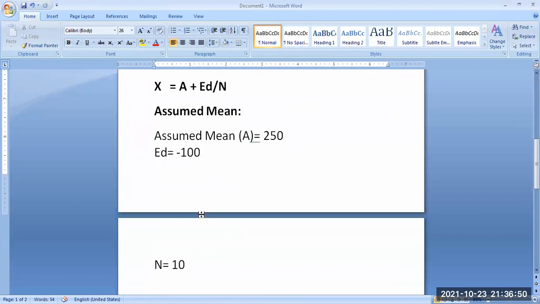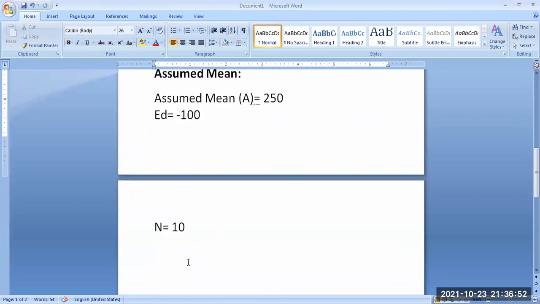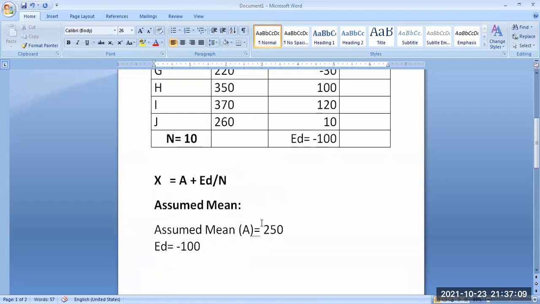Now, X bar, the arithmetic mean, is equal to, sigma d is minus 100, is it correct? Yes, sir. Arithmetic mean is equal to A, and what is our A?